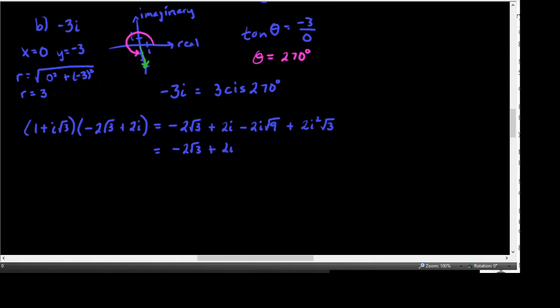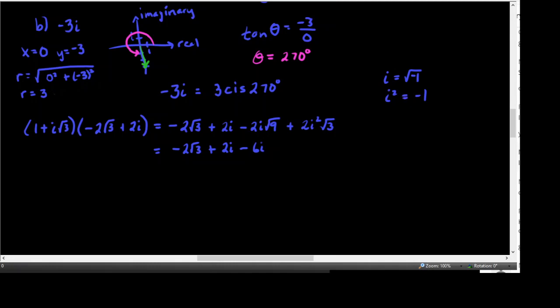So simplifying, the third term I got, square root of 9 is 3. 2 times 3 is 6. So this becomes minus 6i. And i squared, if i is the square root of negative 1, that means that i squared is negative 1.